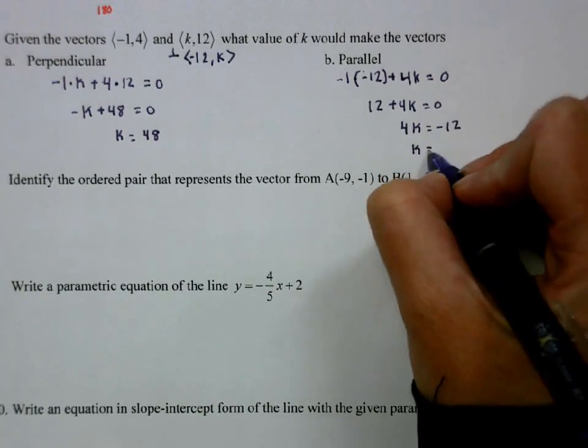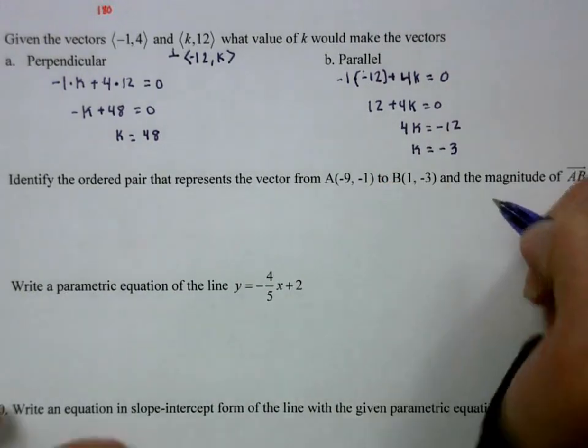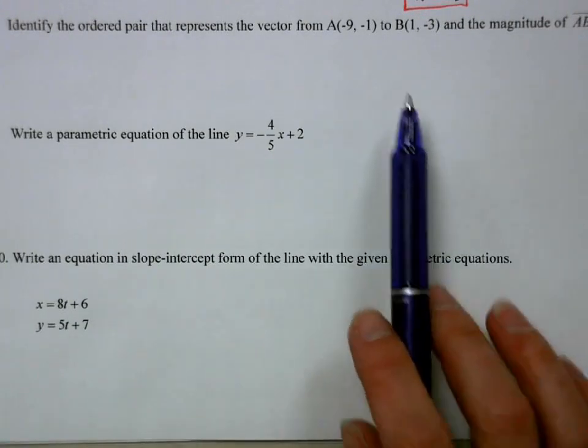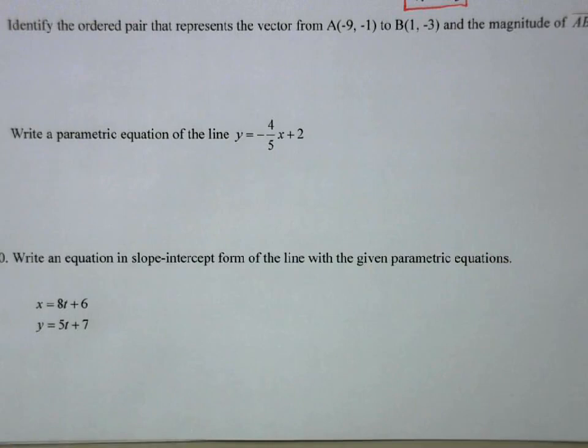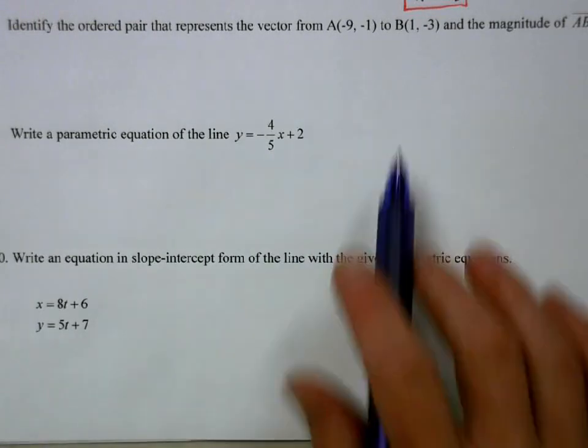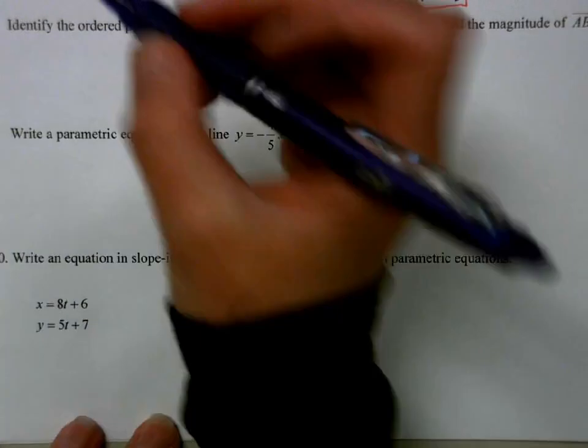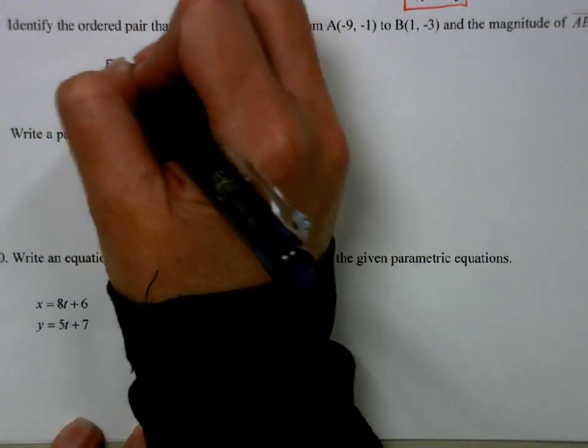Okay, next we're going to identify the ordered pair that goes from this point to this point, and then we're going to find the magnitude. Well, just think about taking a trip. If I start at -9 and I go to 1, that means my x coordinate is going to be 10 because we're going positive 10 from -9 to 1.